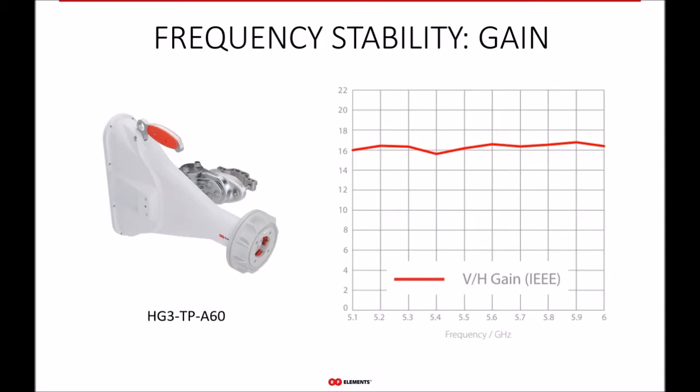When you switch from 5.4 gigahertz, let's say, at this point the gain is somewhere around almost 16. And when you switch to 5.8, it's a little bit higher, but very similar. I can guarantee you that the difference between these two gains is negligible. You'll get more variance of the received signal strength from the reflections from the surroundings.